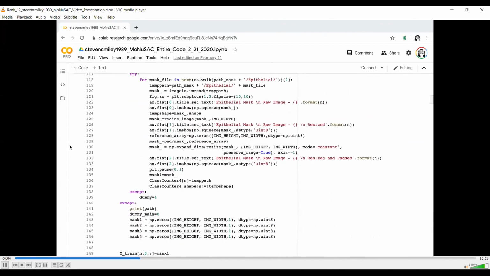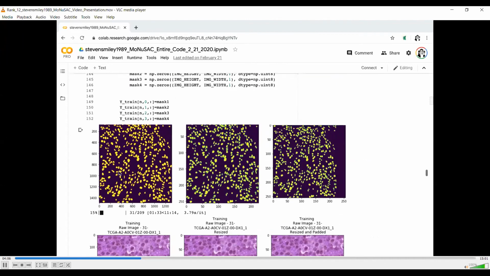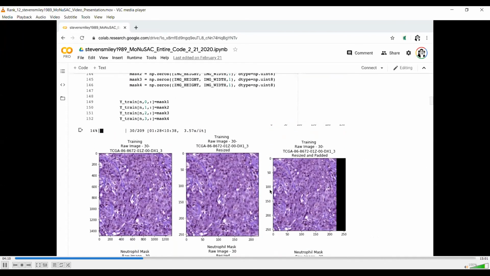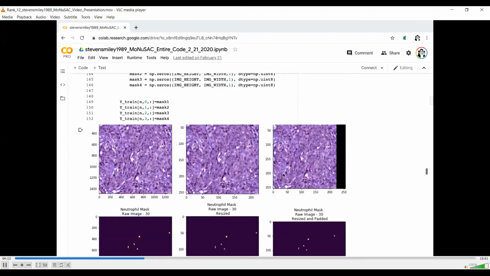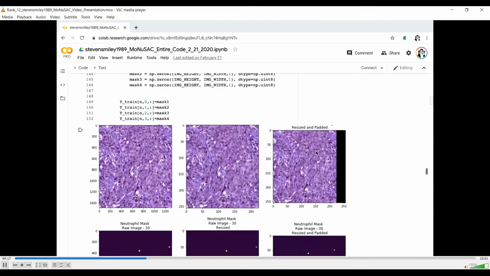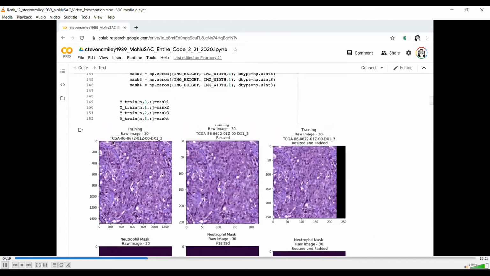Same thing with the training. I would feed it in and have that padding. It's 256 by 256. Difference here, some patient IDs, like this patient, TAC 8672, TAC 01, TAC 00, TAC X-ray 1 underscore 3.